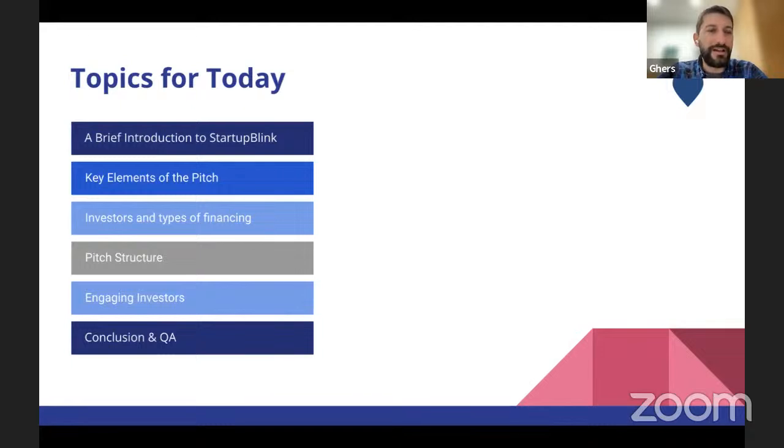We will also have a section about investors and types of financing specific to the startup world. We will then go on to the optimal structure of a pitch and a final section on how to engage with investors. And in the end, we will have a space in which we will provide a conclusion and a space for questions and answers.